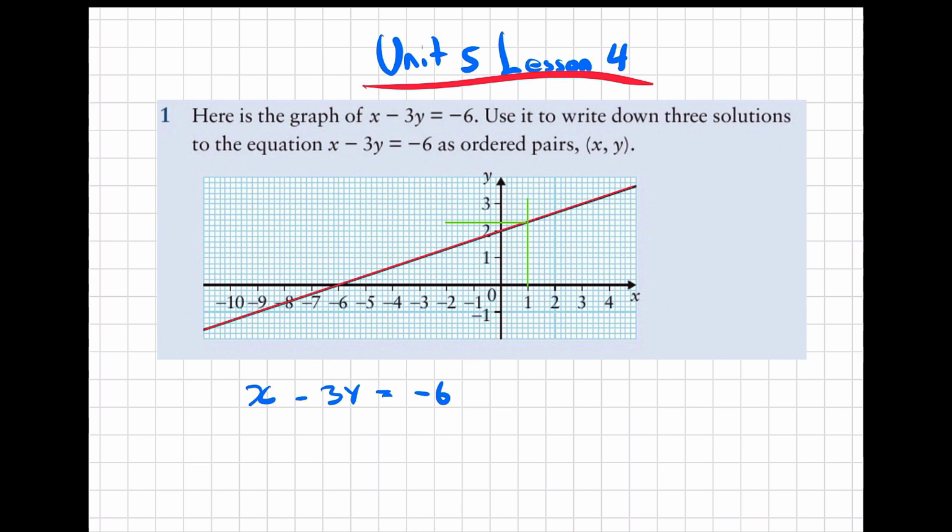And you can see that when x is equal to 1, so right here and right there on the line, that has a coordinate of 1 in the x. But the y coordinate is something like 2.3 or 2.4. So it's going to have a decimal value, so that is not a point that I'm going to want to use. So let's go to the next one.